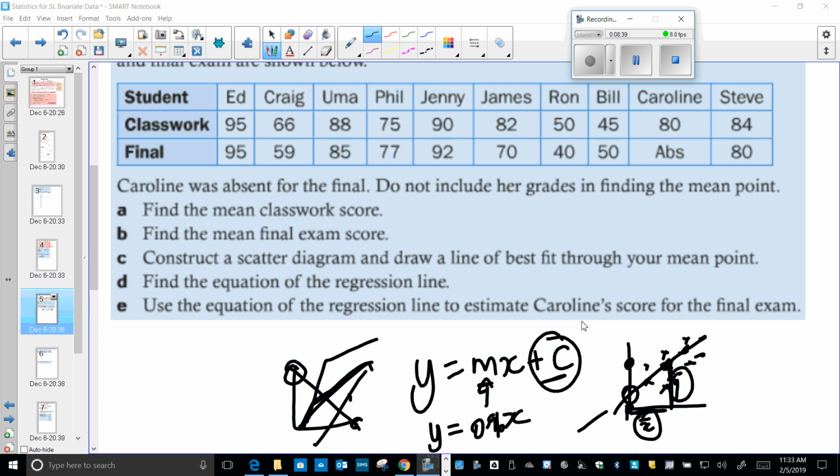What do our y and x's represent? So this is the final, yes? And this was the classwork. Do we know Caroline's classwork? Yes. Are you following me? Yeah. So what are we going to do then to find Caroline's? You're going to multiply it, so you can do 0.96 multiplied by 80.